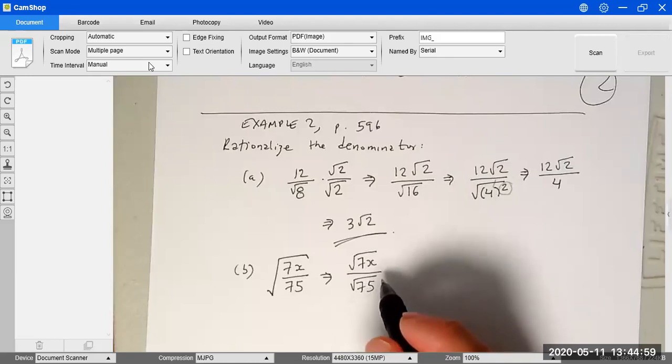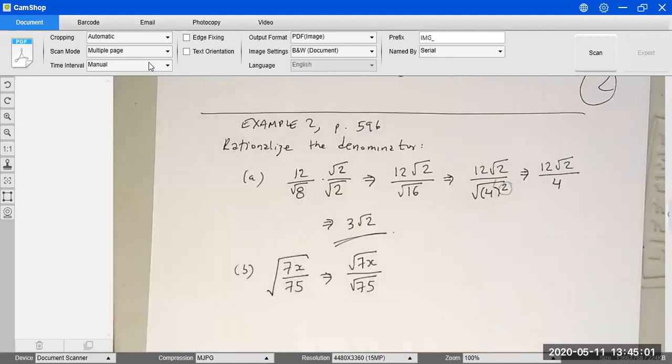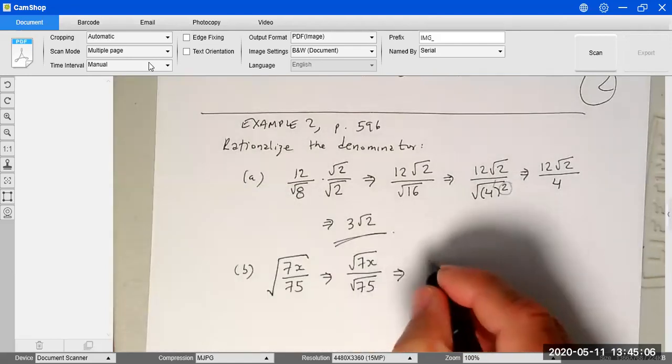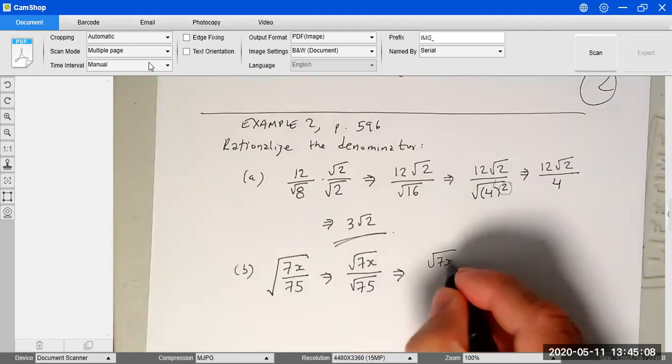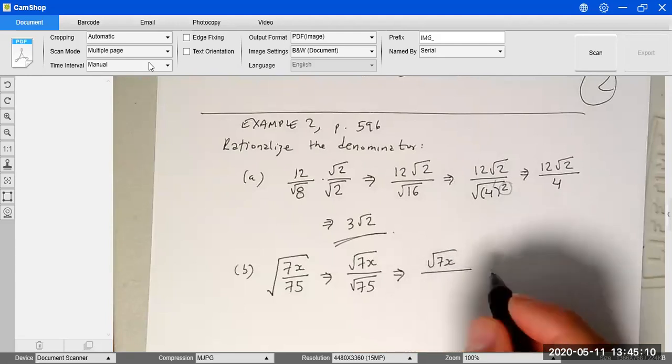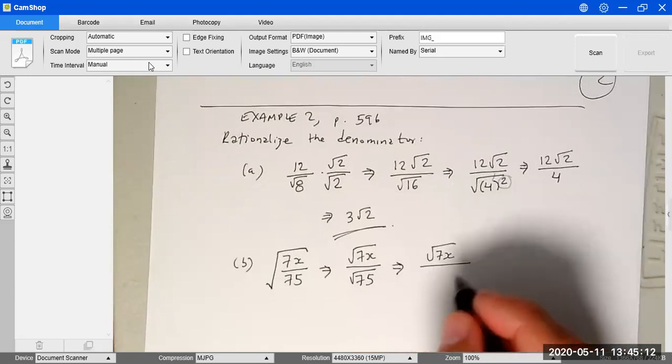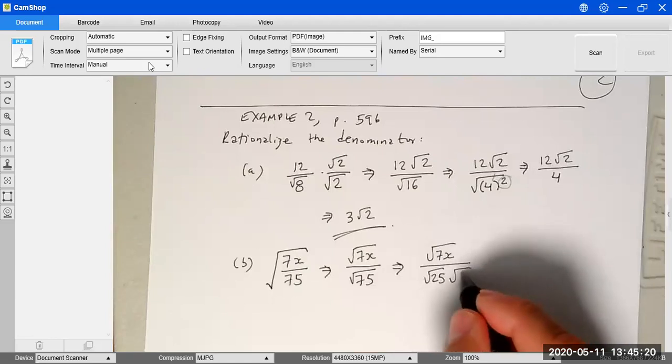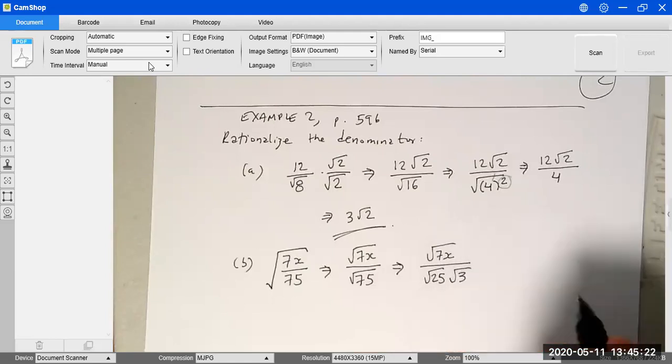In that way we're going to get radicals that are not huge, big numbers. So we have the square root of 7x in the numerator, and 75 can be simplified by breaking 75 as the product of 25, which is a perfect square, and 3.